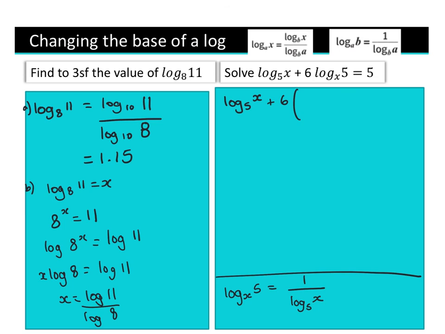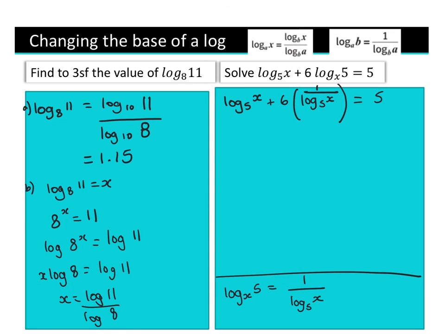So we're going to get 6 lots of 1 over log to the base 5 of x equals 5. Now, what have we got, everyone? You know it. A hidden quadratic, yes. Again, our favourite. You know that log to the base 5 of x is just a number. We haven't figured it out yet.